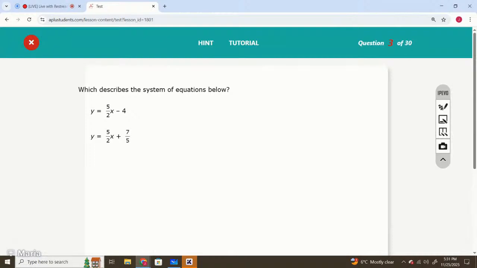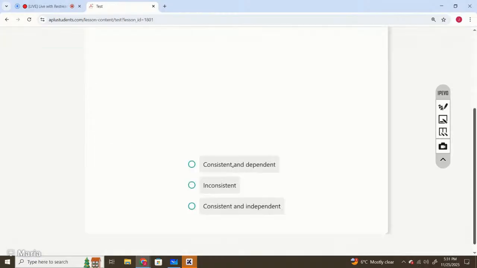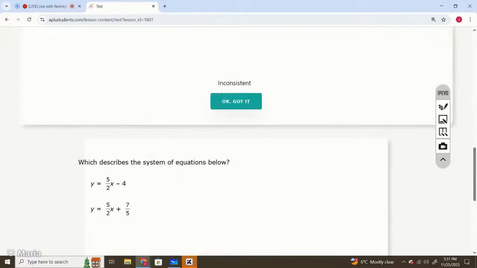So both the equations have the same slope and different y-intercept, right? That means they have one solution, with independent. Inconsistent, sorry. They have the same slope and different y-intercepts, so inconsistent it is. Got it?